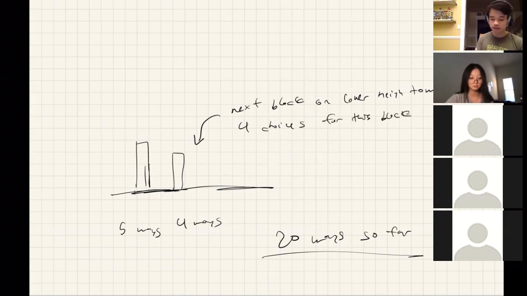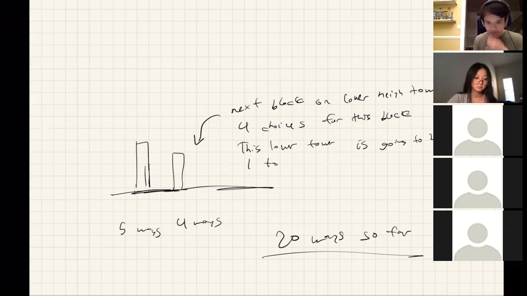And the reason for this is that this lower tower is going to be 1 to 4 units lower than the higher one.